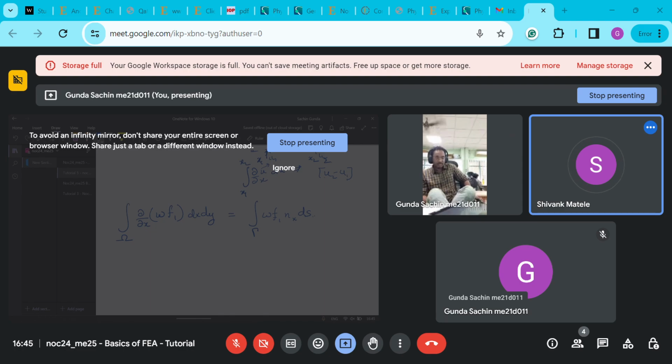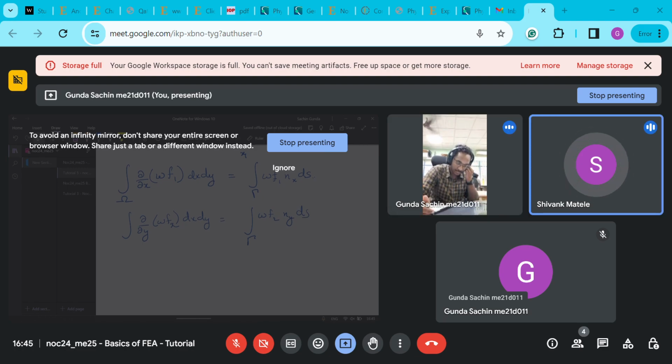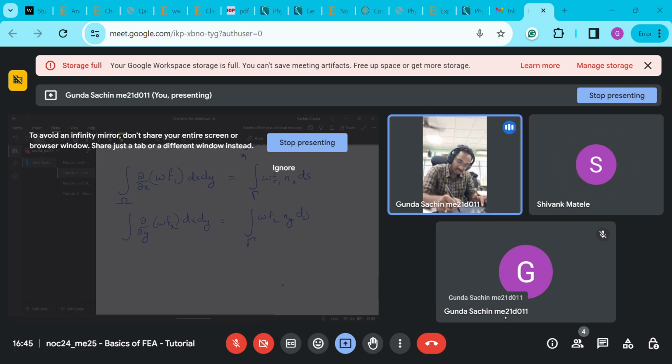And in the second part, instead of del upon del x we have del upon del y, so on the right hand side it becomes f2, the quantity is f2, anyway doesn't matter.